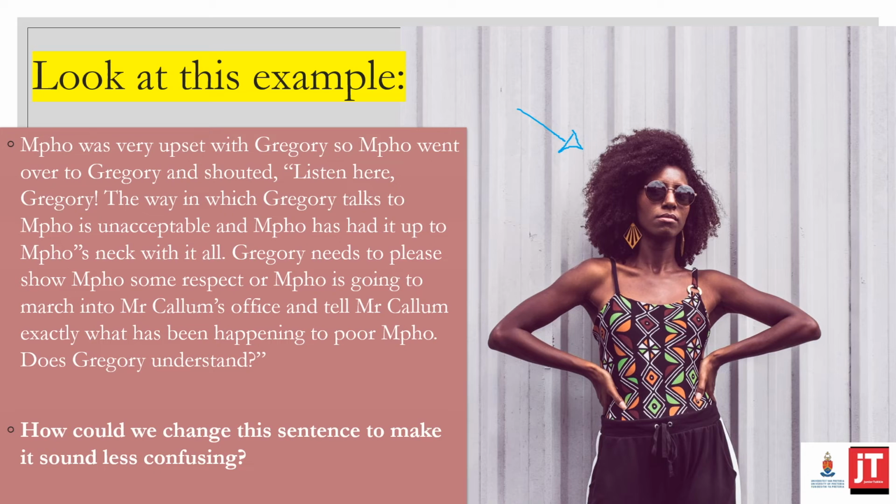So it is important that we do introduce the subjects before we use pronouns. We need to know who the subject is that the pronoun is replacing. So "Paul was very upset with Gregory" is absolutely fine. But from here on out, we could actually change these words to make them flow a bit better.